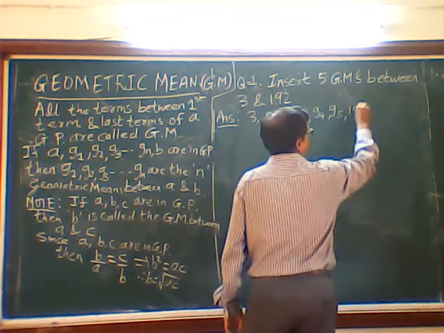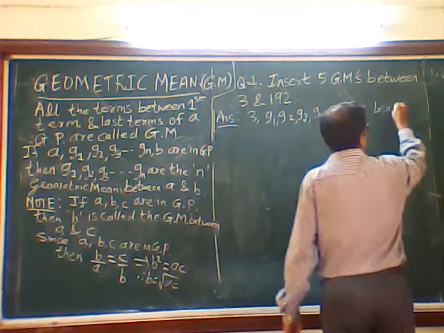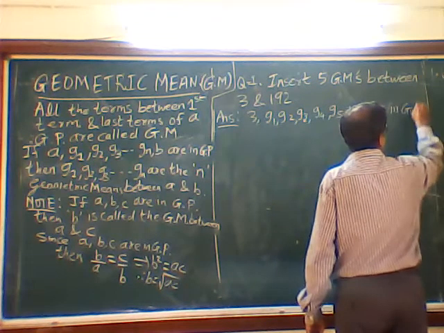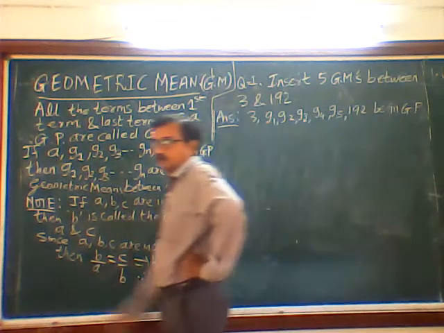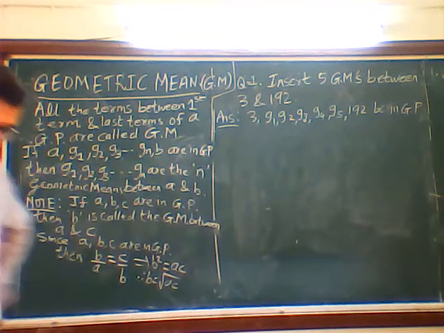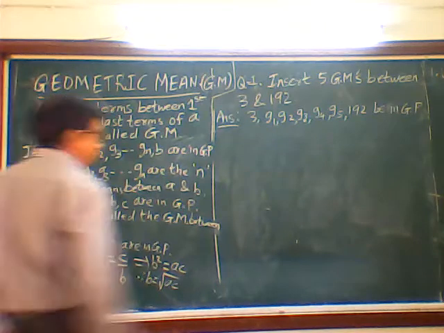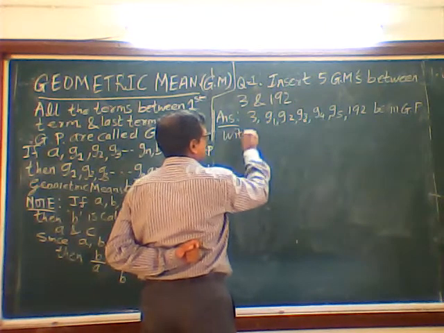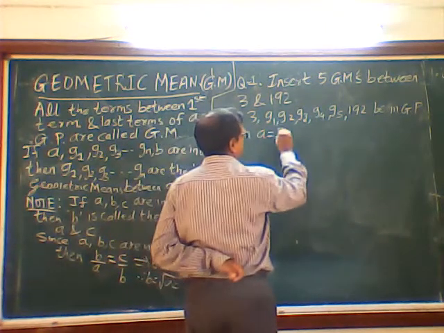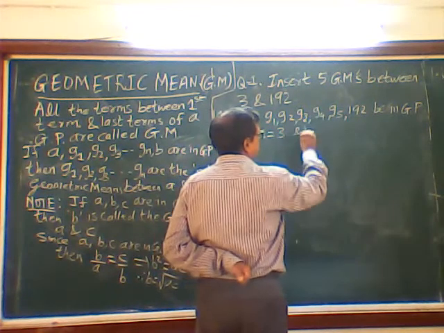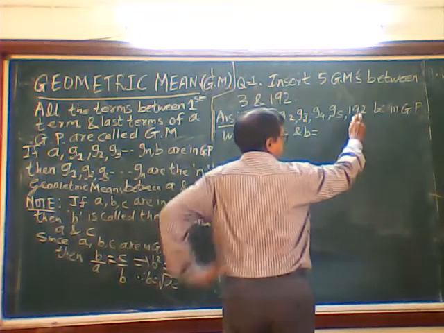Sorry, not HP, GP, geometric mean. Here A is equal to 3, and B is the last number.